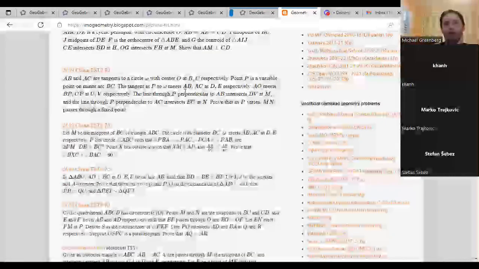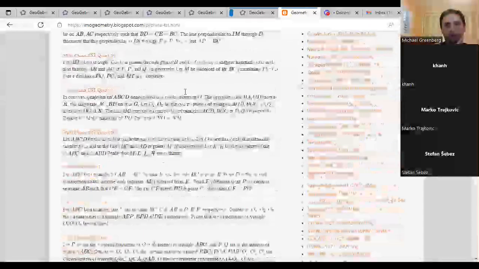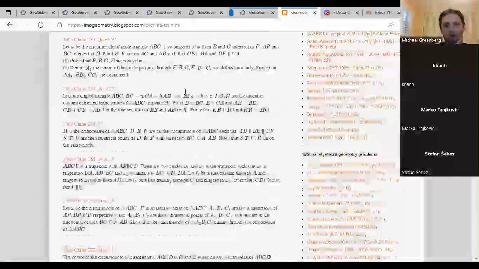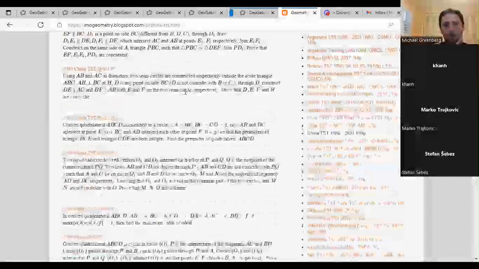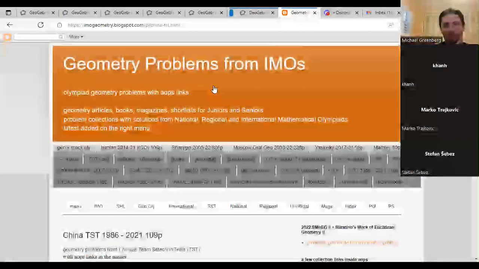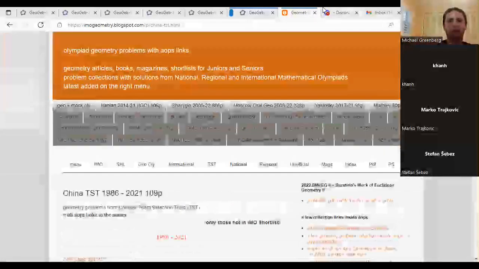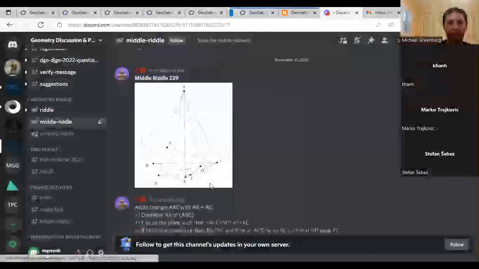TST is harder. Let's just try China Math Olympiad. China. Okay, so not the TST. What's international? For 30 minutes. Okay, so let's see. I'll just take a look at these middle riddles.